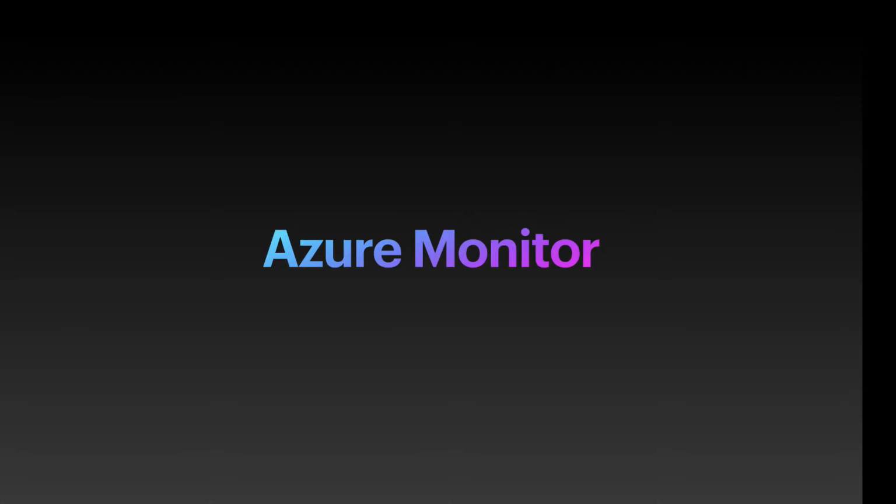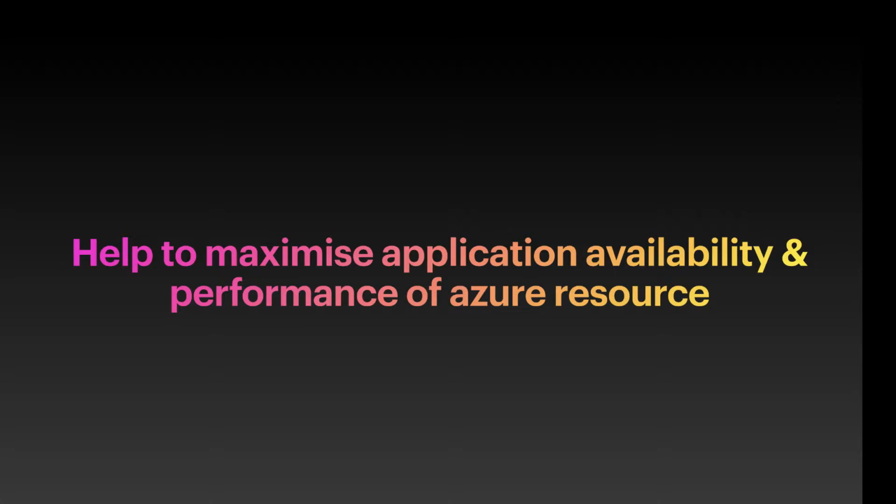And that's where it is really important in production to consider the right configuration for Azure monitoring. I hope you understand the point here, why it is important to learn about Azure monitoring. As per the documentation, Azure Monitor helps you maximize the application availability and the performance of Azure resources.